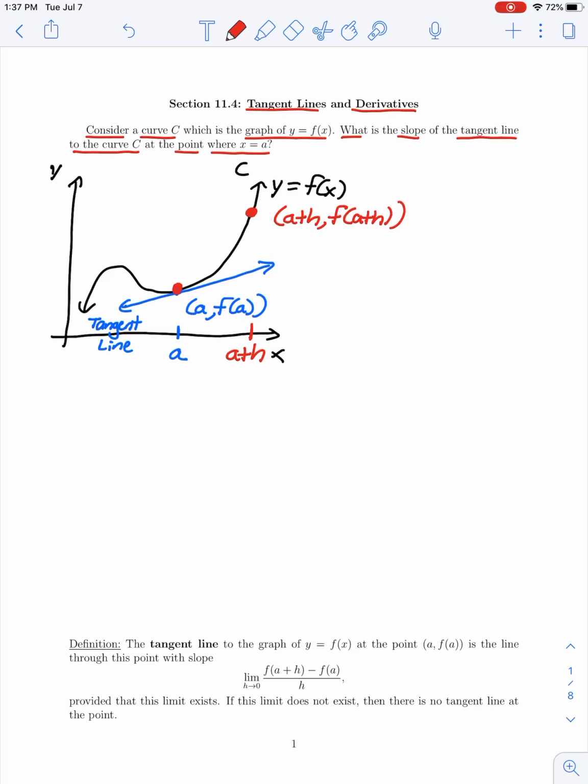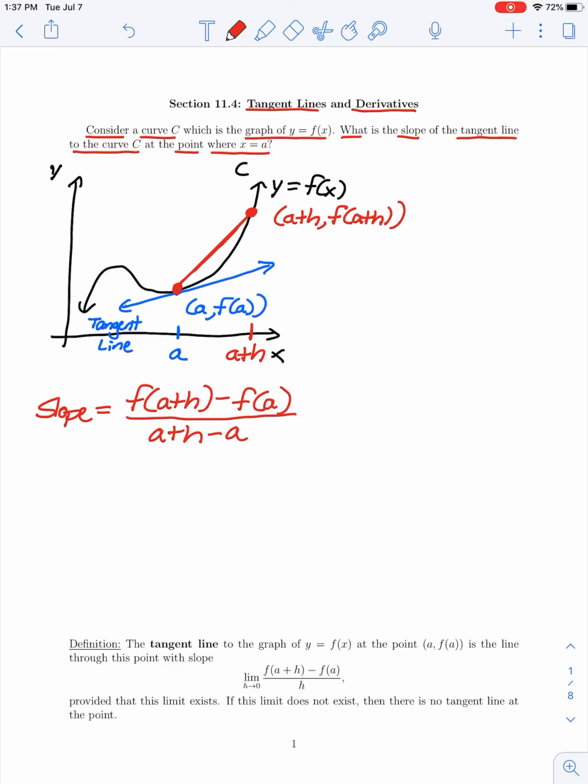Now, I know how to find the slope of a line through those 2 points. That is the slope of this red line. So here, the slope of that line would be given by f of a plus h minus f of a, so that is the difference in the y values for those 2 points, over a plus h minus a, the difference in the x values for those 2 points.